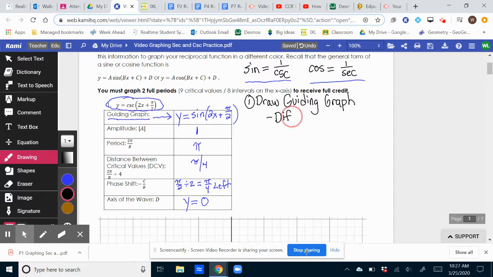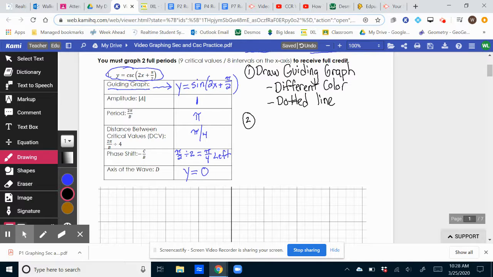Draw that in a different color, and make it a dotted or dashed line. The guiding graph is just there to help you make the real graph. You don't want to graph the guiding graph and then forget the whole purpose of it, which is to transform that into a cosecant or into a secant.